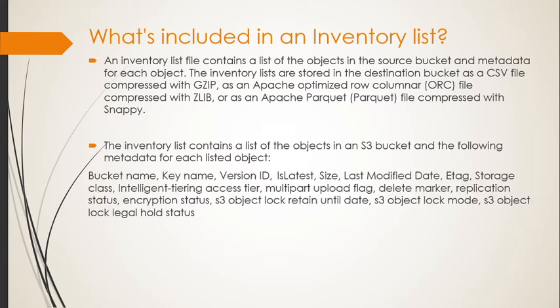It is a long list you can see here: bucket name, key name, version ID, is latest (true or false), size of that particular object or file, last modified date, ETag, storage class, intelligent tiering access tier, multipart upload flag, delete marker, replication status, encryption status, S3 object lock retain until date, S3 object lock mode, S3 object lock legal hold status.